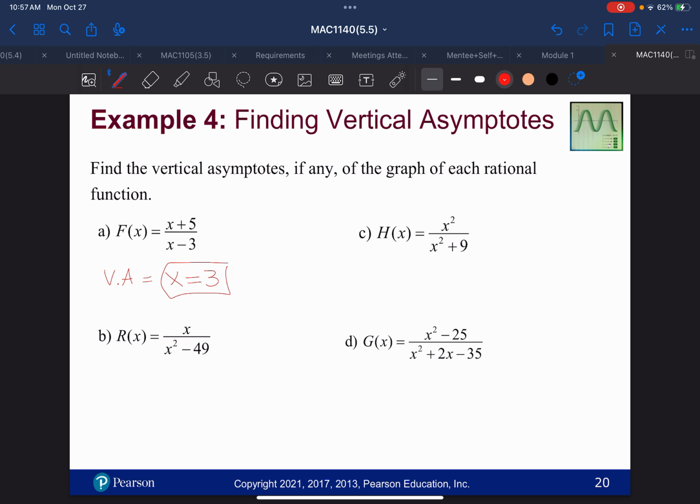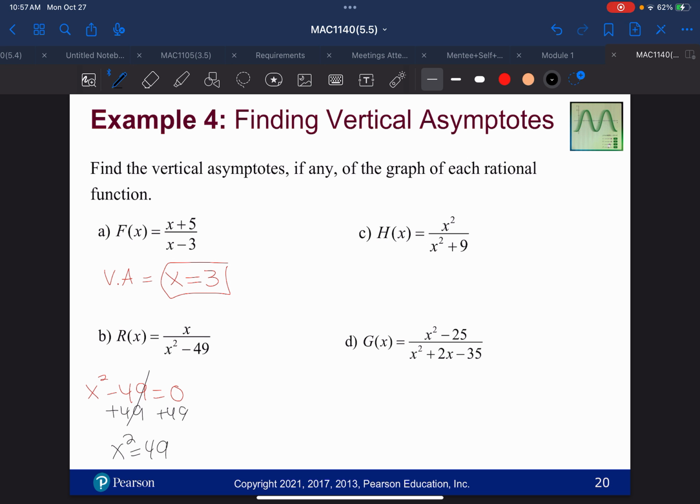Okay, B. Here my denominator is x squared minus 49. So if I wanted to figure out what values of x make that equal to 0, I could set that denominator equal to 0 and solve. I can add 49 to both sides or factor it, whichever way you want to do it.